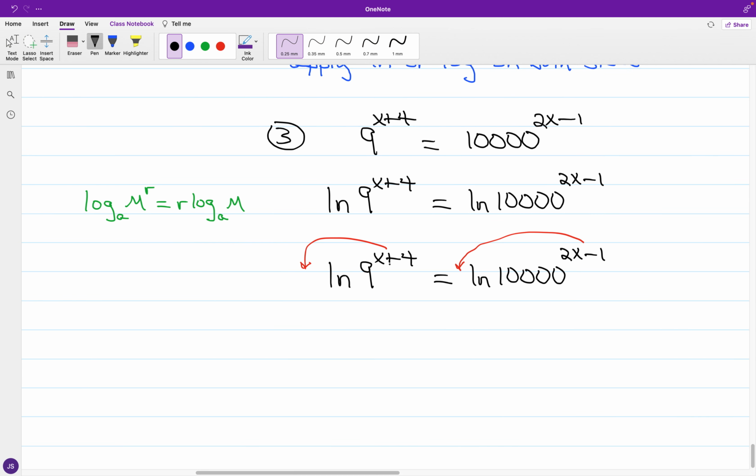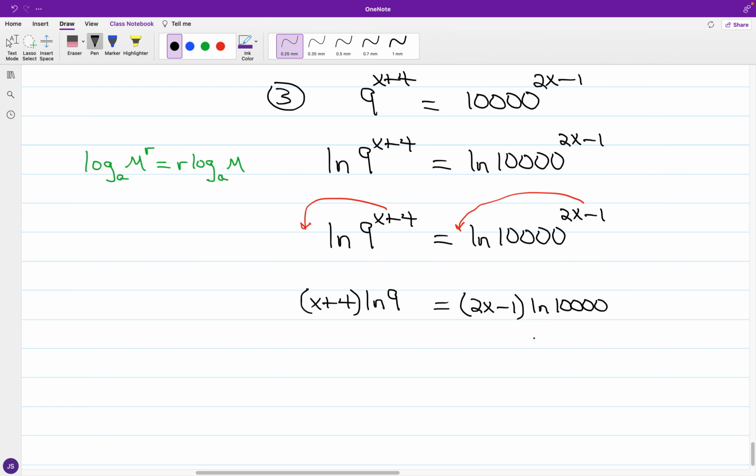To indicate that all of x plus 4 is going to multiply the natural logarithm of 9, we have the quantity x plus 4 times the natural logarithm of 9 is going to be equal to all of 2x minus 1 times the natural logarithm of 10,000.